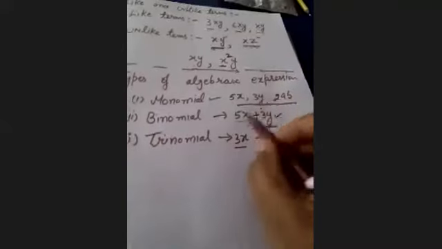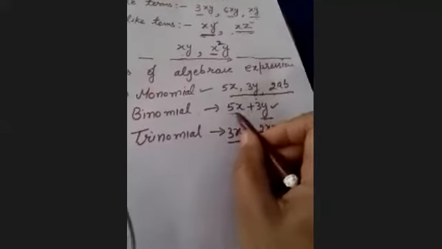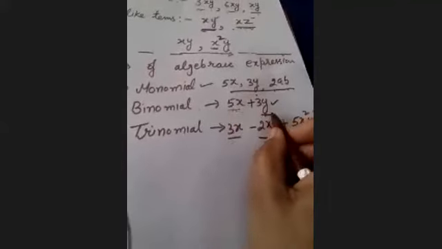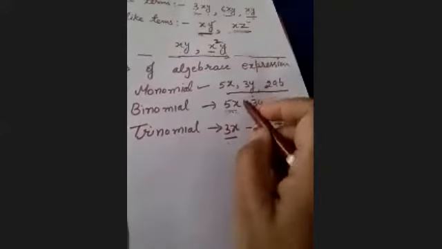Next is binomial, an algebraic expression having two terms is known as a binomial. For example, 5x plus 3y. In this expression, we have two terms, 5x and 3y, and the two terms have different variables.